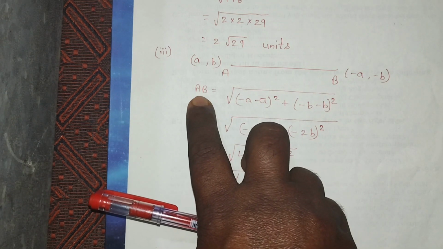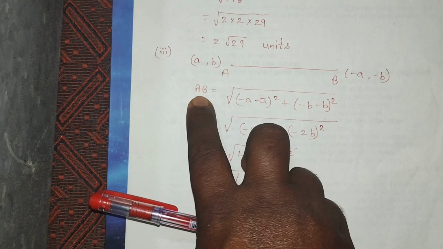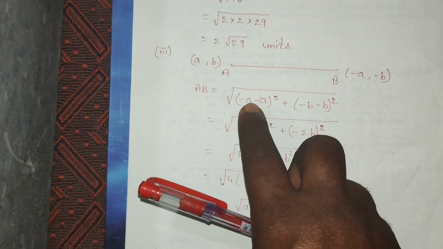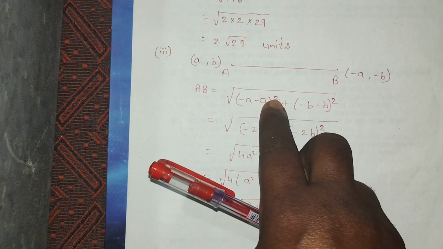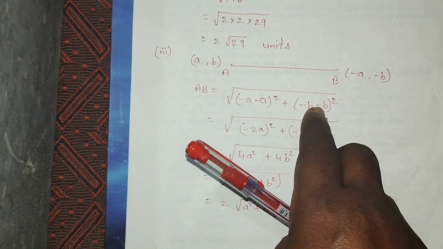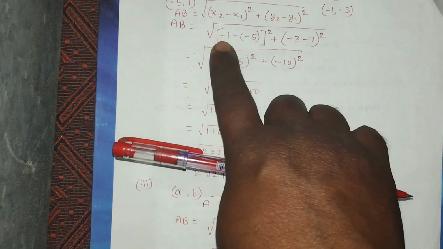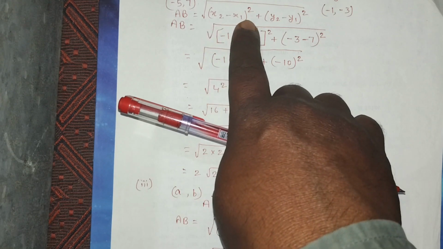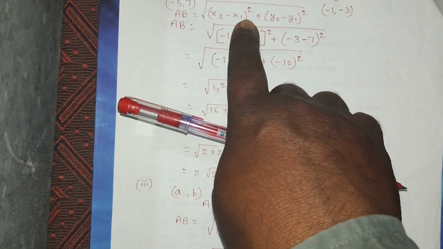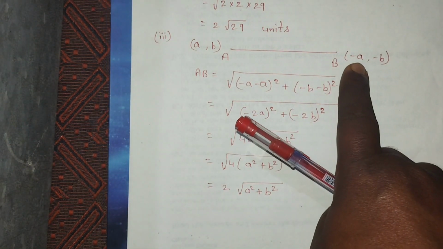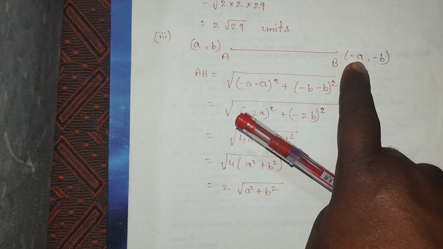Now, length of line segment AB, you have to use the same formula, that is x2 minus x1 whole square plus y2 minus y1 whole square. x2 minus x1 will be replaced by minus a.